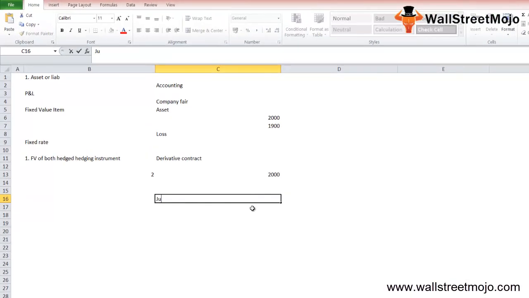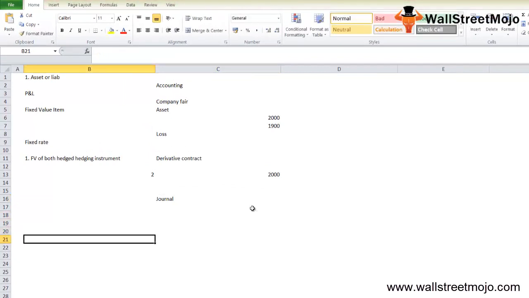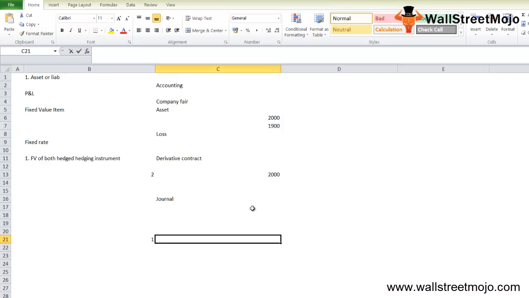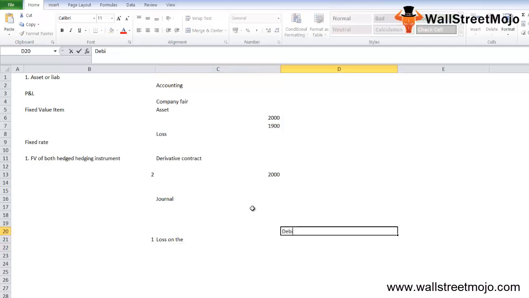Now, I want to take you to the journal entry part. What will go in? First, a loss. Let's say there is a loss on the hedged item at the reporting date. Over here, we debit the loss to the loss on hedged item account.